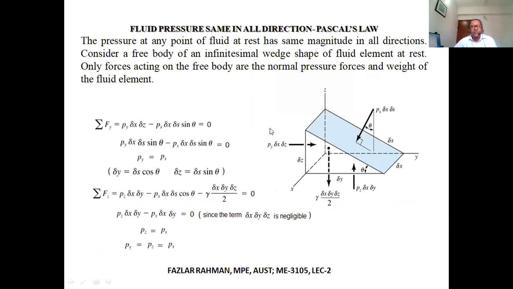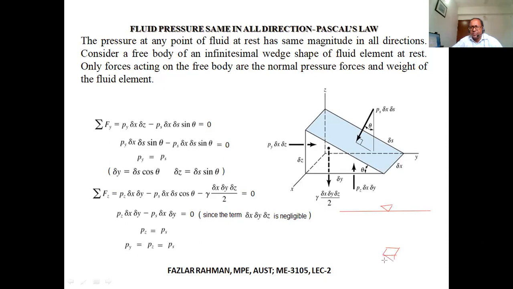Okay, next class we'll check whether fluid pressure is the same in all directions or not. For example, this is the top surface of a lake. Now inside that lake at a depth H, you have a very small fluid element.